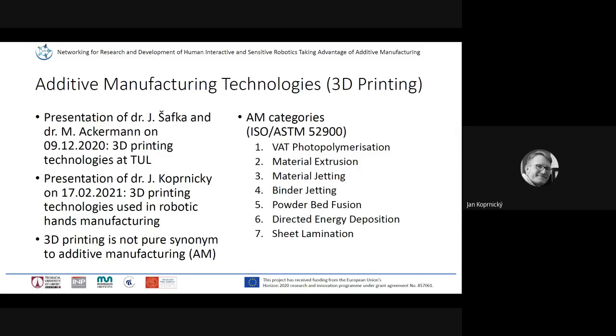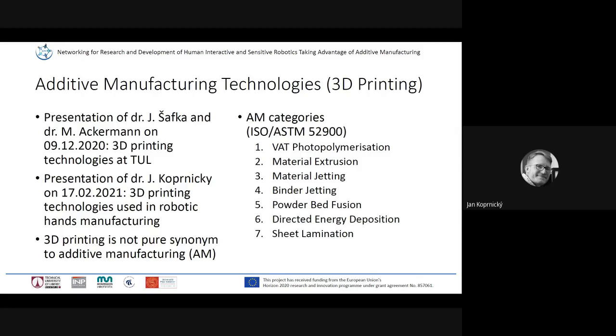Well, I mentioned here that 3D printing is not a pure synonym to additive manufacturing, but we can deal with this. What I would like to mention on this slide are these 7 groups or categories of additive manufacturing, because in the construction segment of 3D printing, it's not so standardized as in industry.